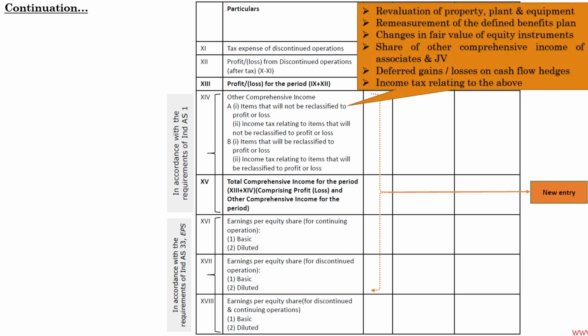That mainly includes revaluation of property, plant and equipment, remeasurement of defined benefit plans, changes in the fair value of equity instruments, share of other comprehensive income of associates and joint ventures, deferred gains and losses on cash flow hedges, and income tax relating to the above. The income tax relating to the above is actually the last item. So what are the items that will not be reclassified to profit or loss?